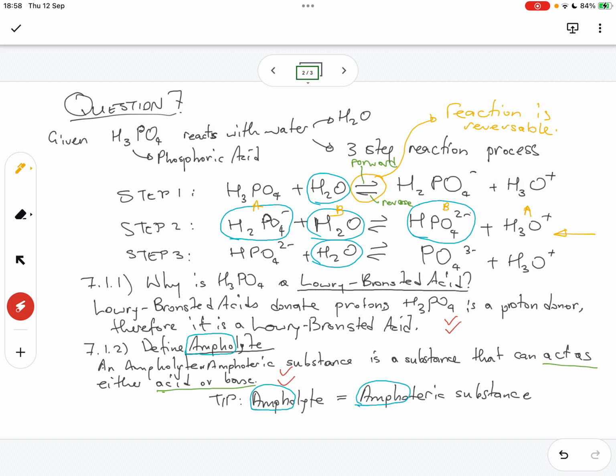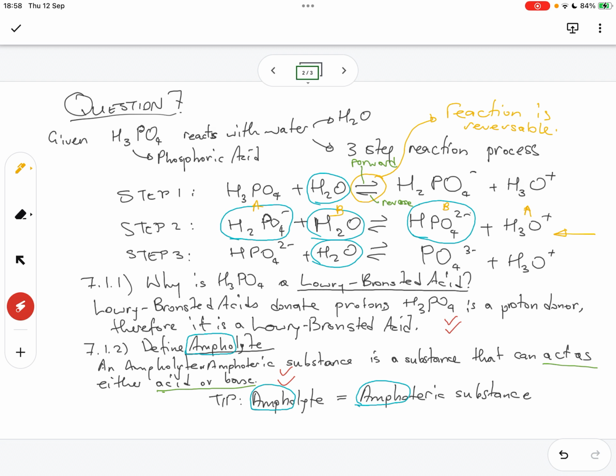Okay, it's fine. So let's start here. In these reactions, we have an acid, phosphoric acid. Now, since it reacts with water, and this itself is an acid, then the forward reaction gives us this result plus H3O.